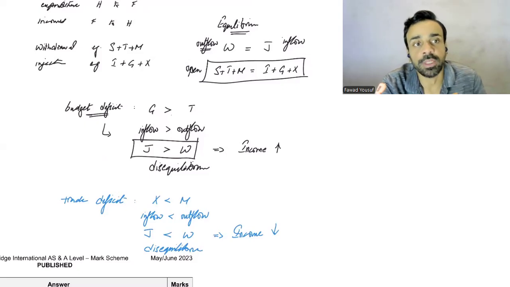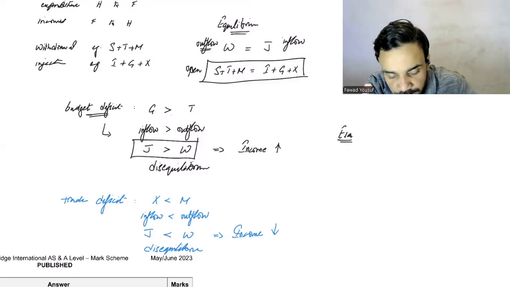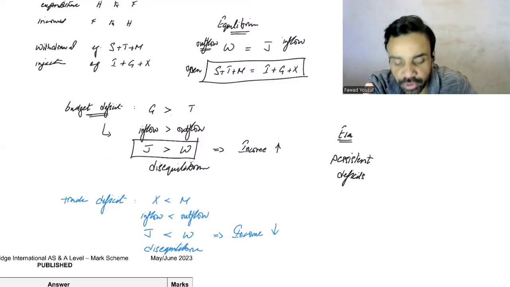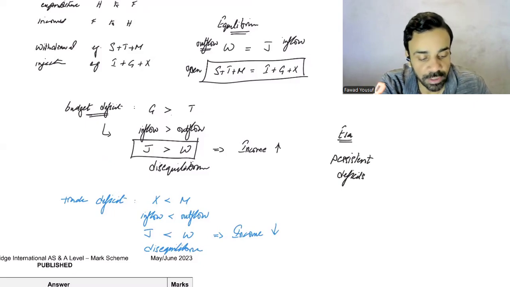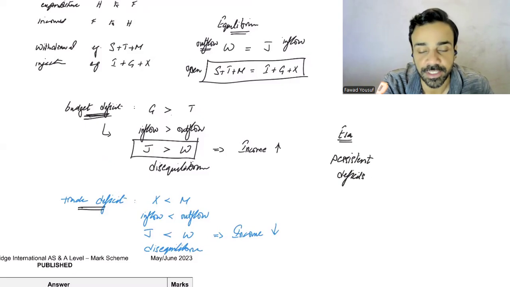So clearly we know that, and this is what I'll say in my evaluation, that if there are persistent deficits, and in evaluation you have to talk about both the things, persistent budget deficit and persistent trade deficit.